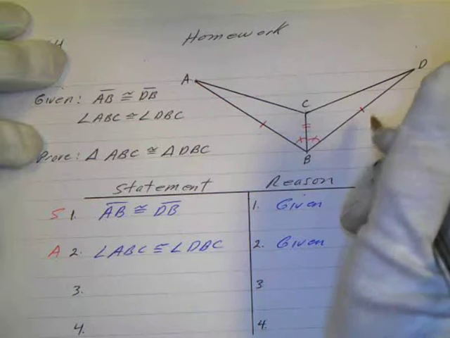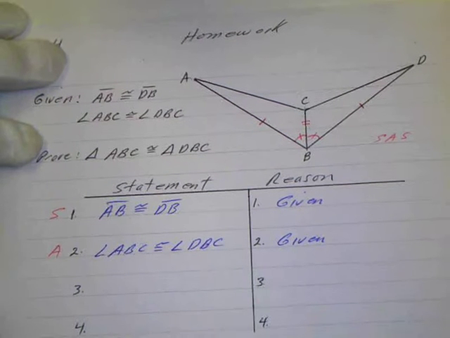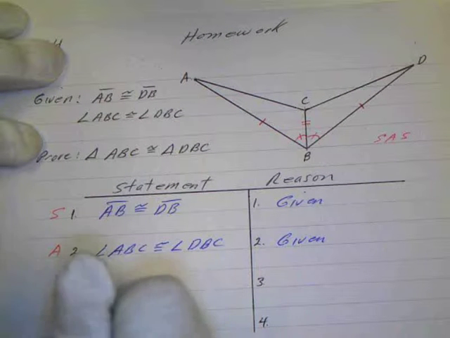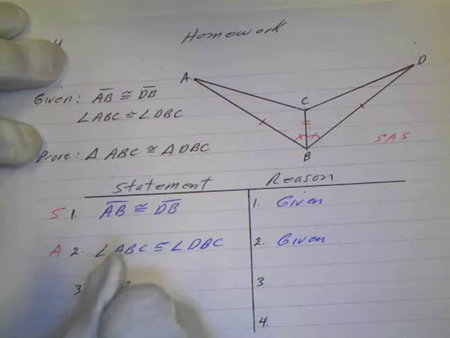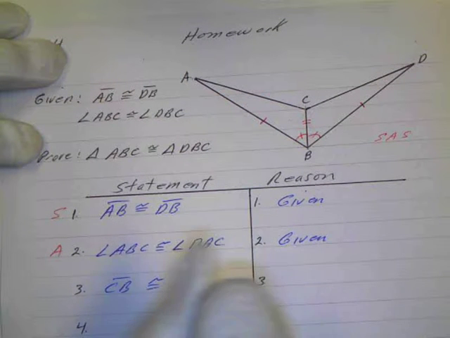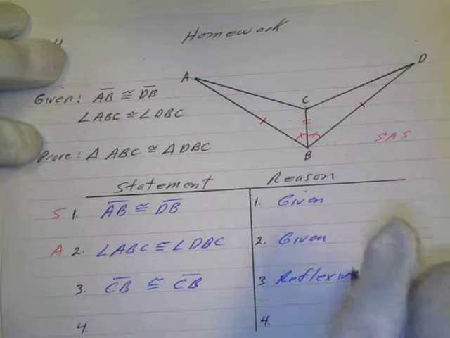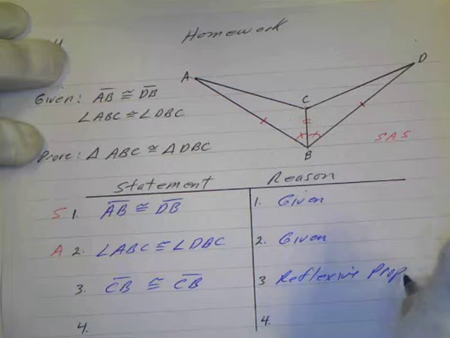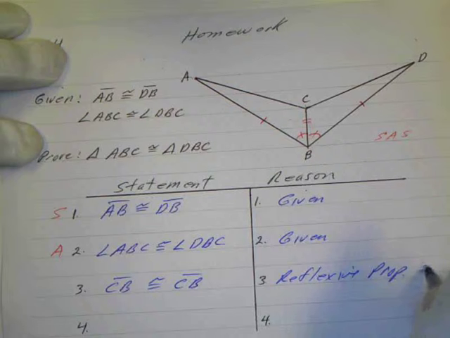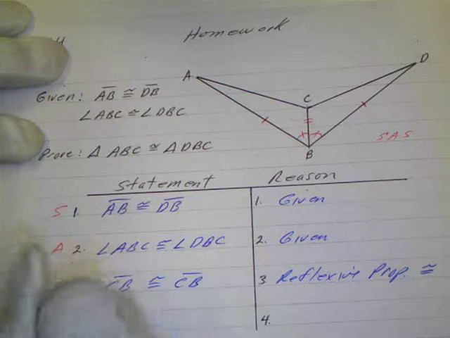And that's going to give us our second side. So we can say that CB, or BC, is congruent to CB.